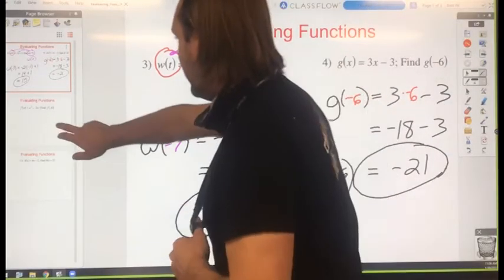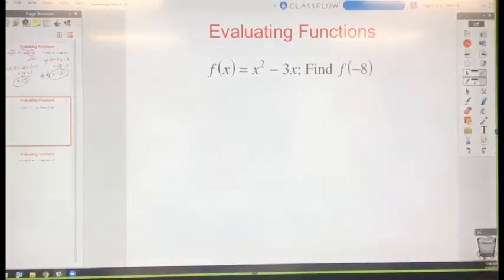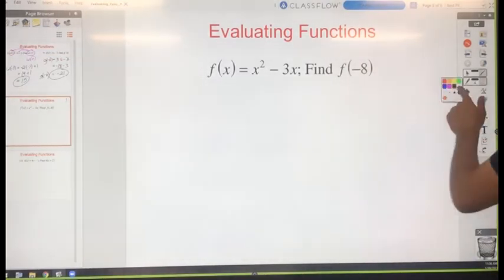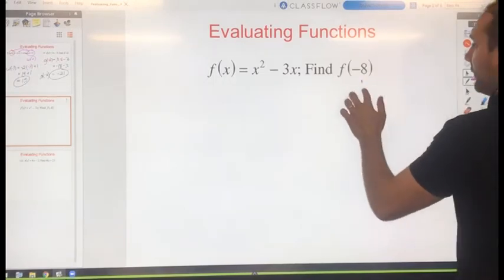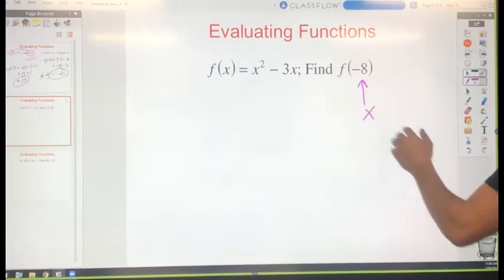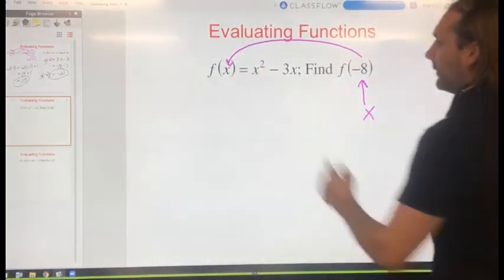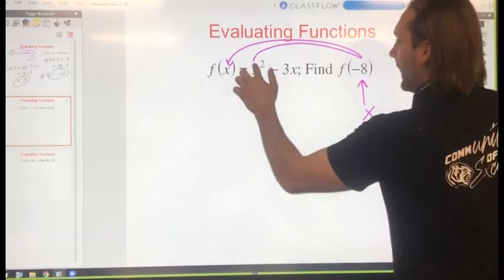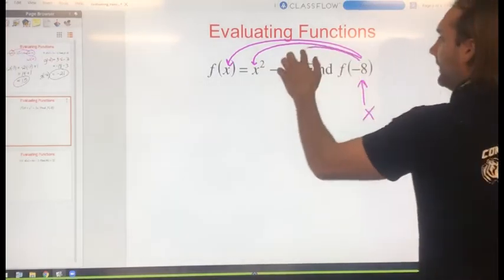Now using that, let's try to find f of x equals x squared minus 3x. Find f of -8. So notice, this still means I need to replace what variable? X. So everywhere I have an x, such as there, and there, and there.